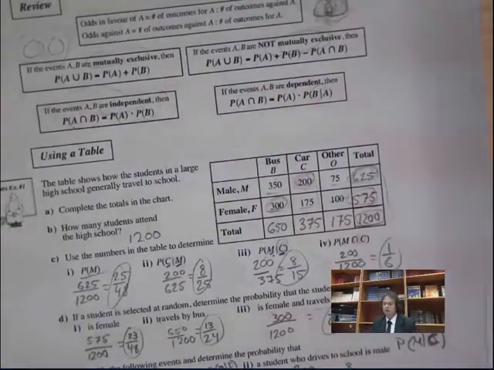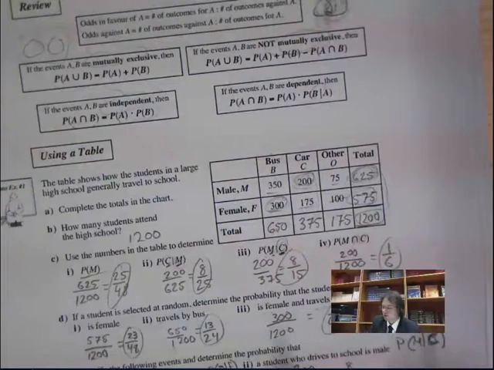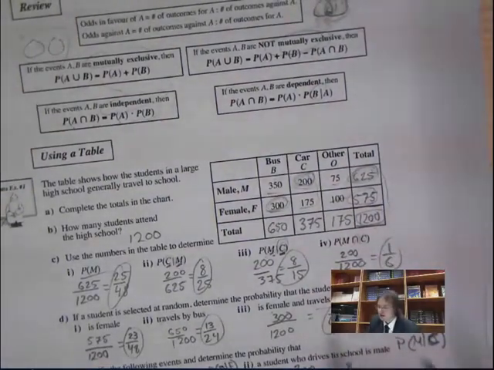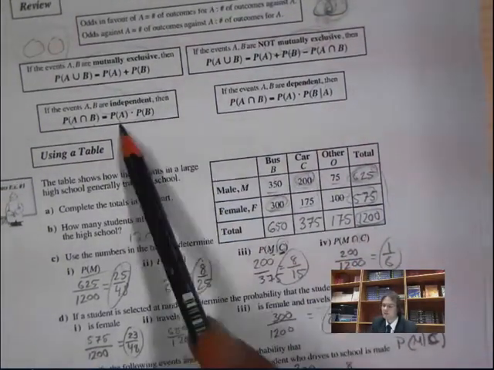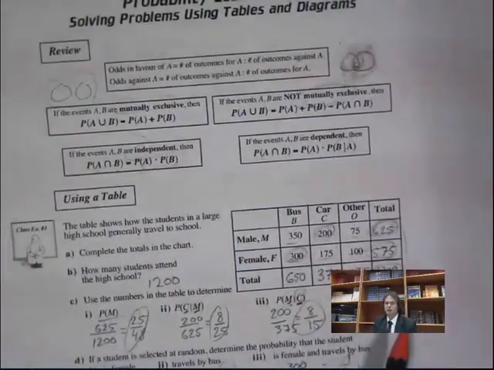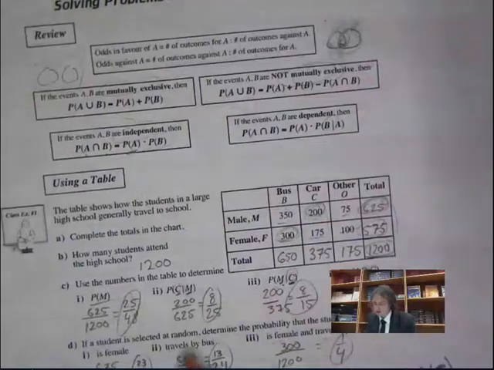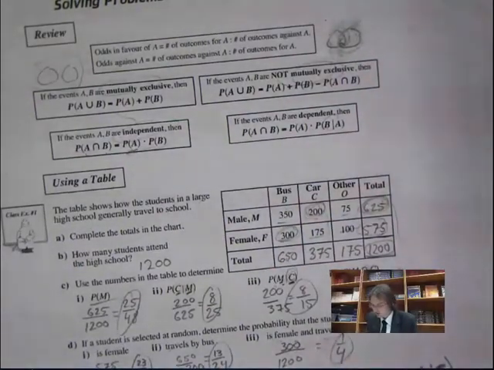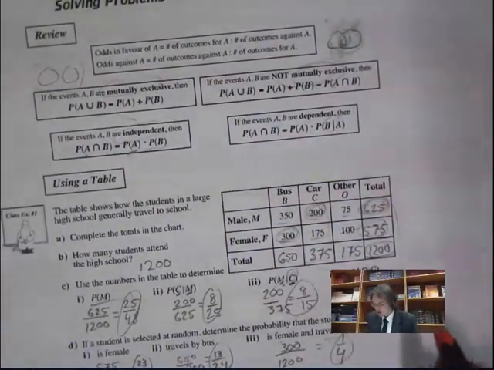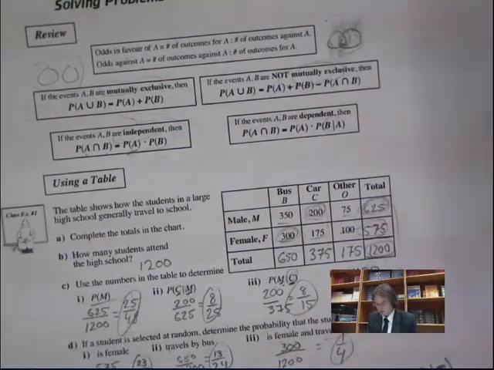Okay? We know that part, right? We also know the probability of it being female. So we'll go back to this formula. We're going to say the probability of it being female is 575 out of 1,200, and we found that is 23 out of 48.